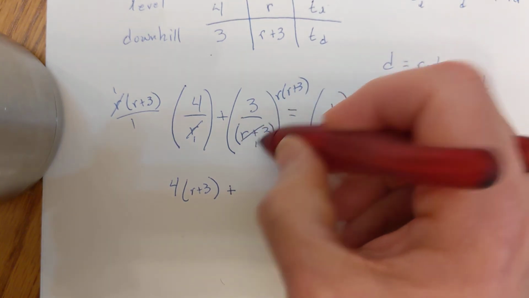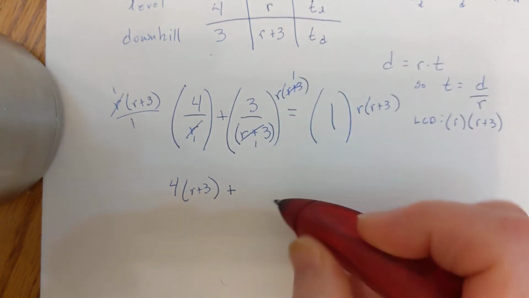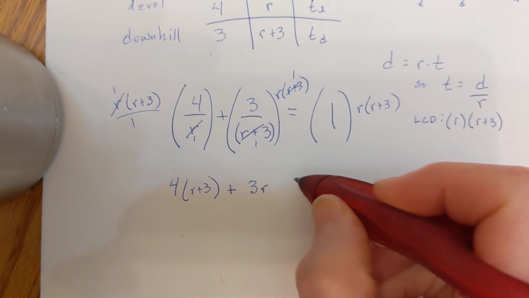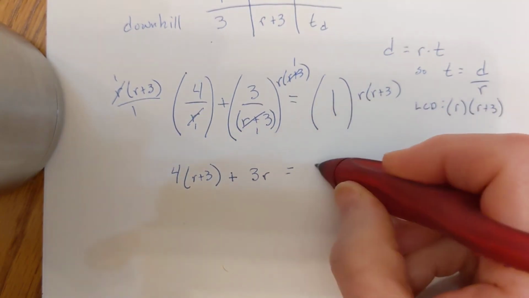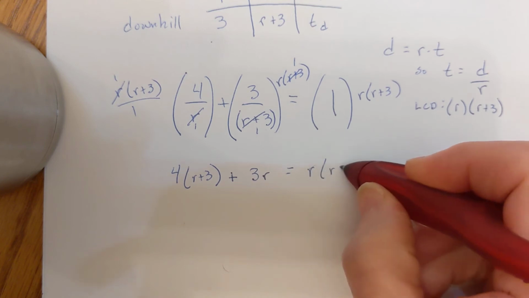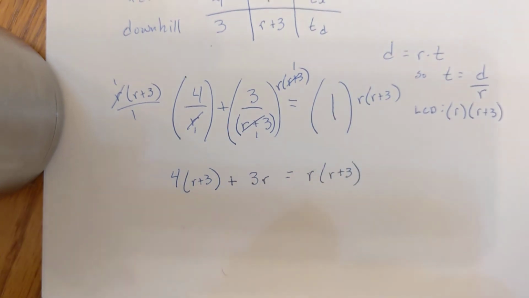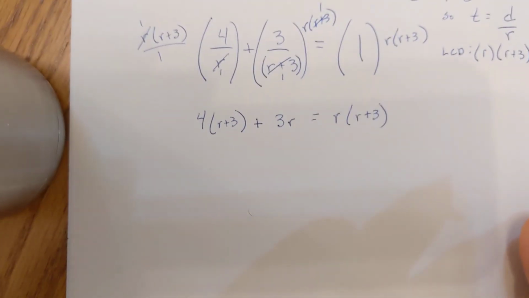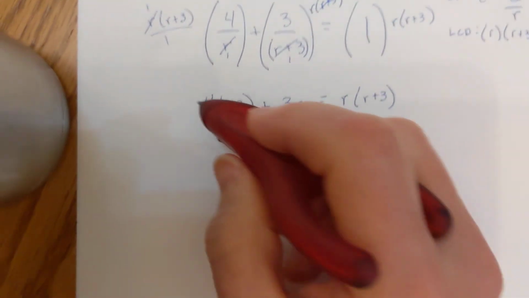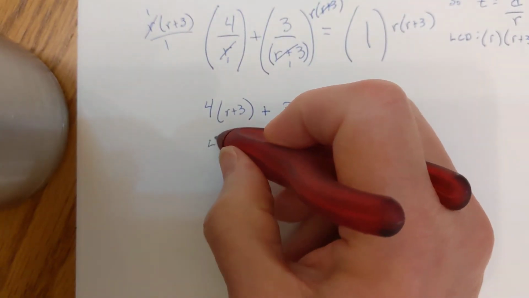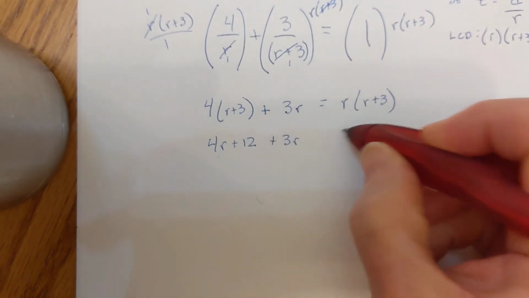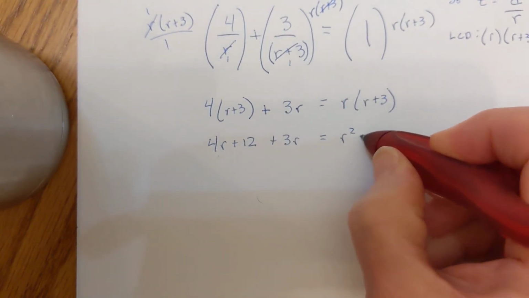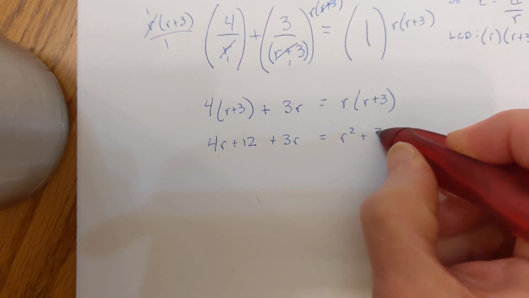I can divide out the R plus 3, so I get plus 3R, and that equals 1 times R plus 3. Much simpler. I distribute across my parentheses. 4R plus 12 plus 3R equals R squared plus 3R.